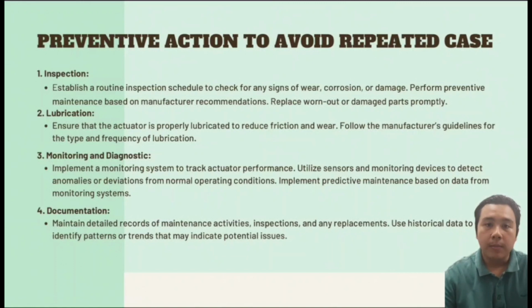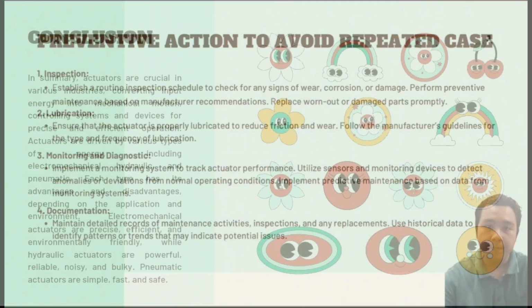Implement preventive maintenance based on data from monitoring system. The last one is documentation. Maintain detailed record of maintenance activities, inspection and any replacement. Use historical data to identify pattern or trend that may indicate potential issue.